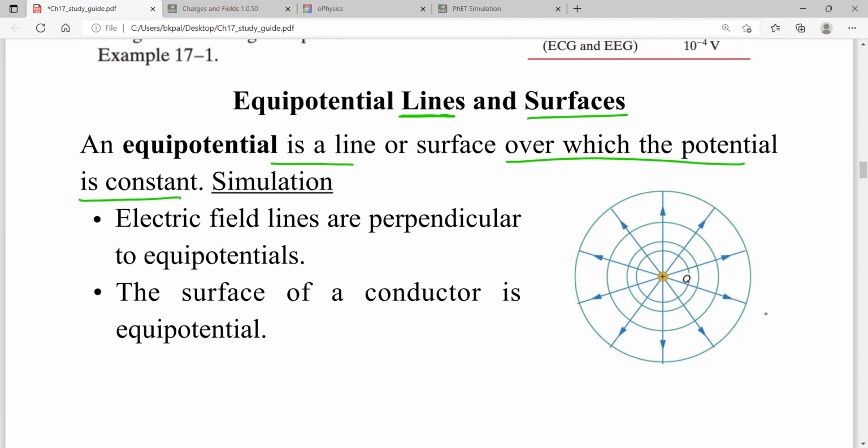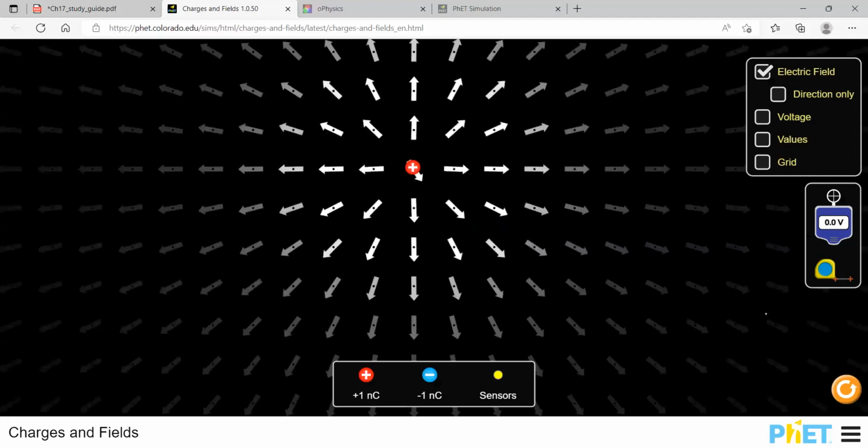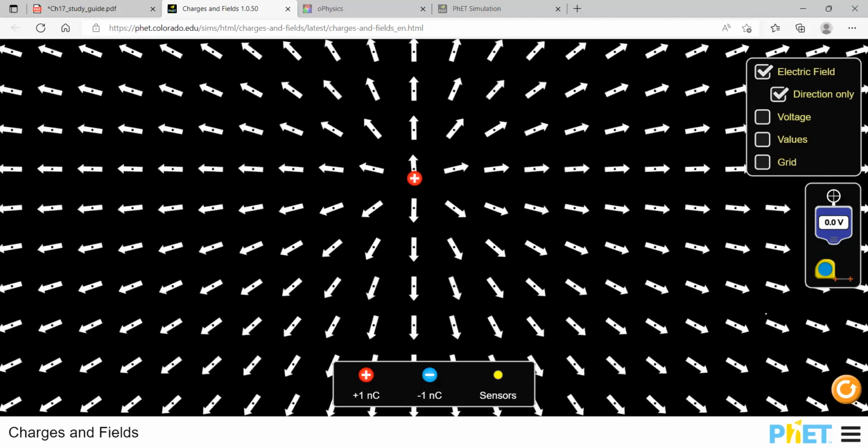To understand better, let's consider this simulation. Let's say we have a positive charge, and the arrows show the electric field lines. Because it is two dimensions, at some line the potential is always the same.